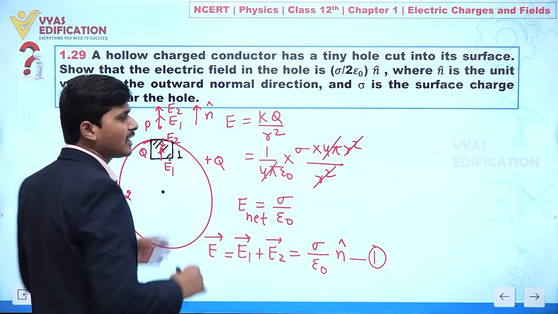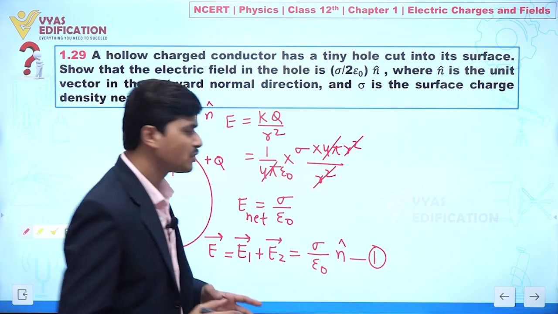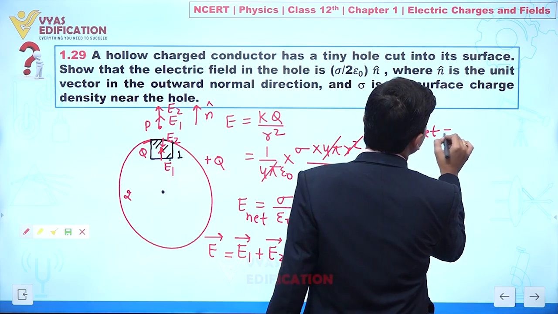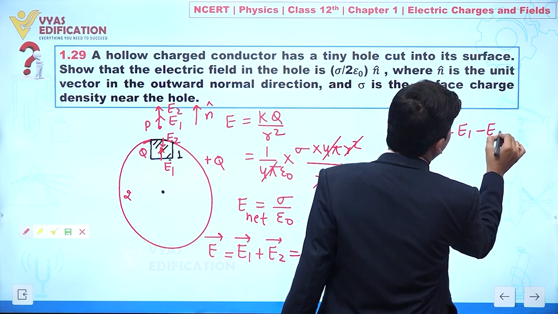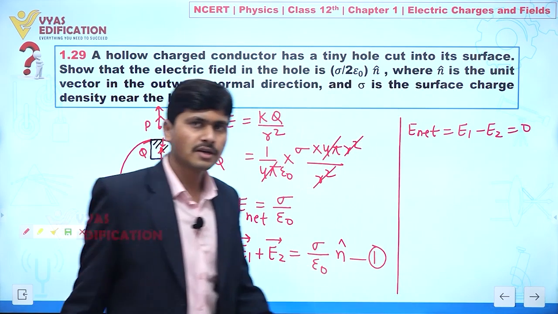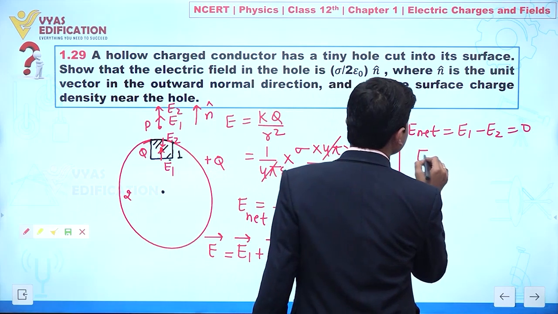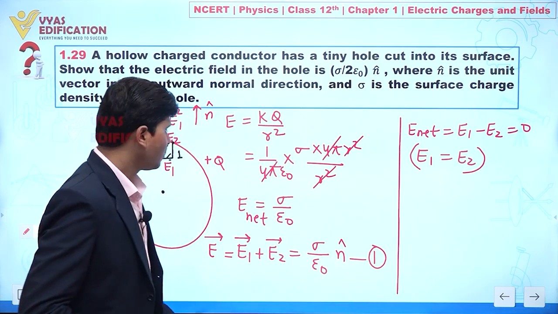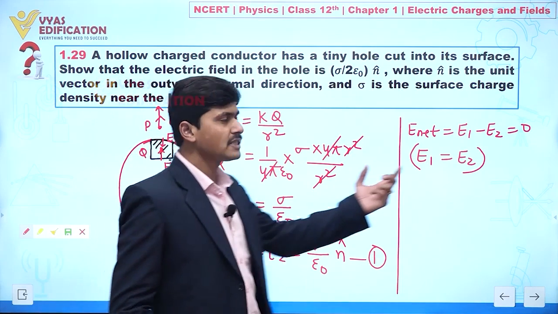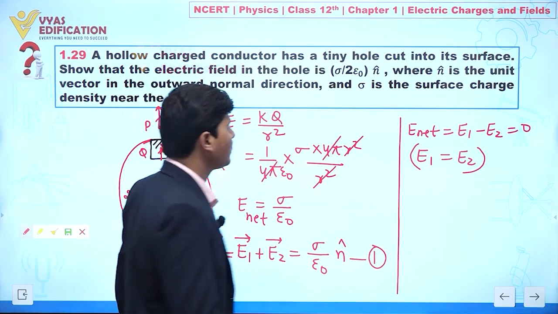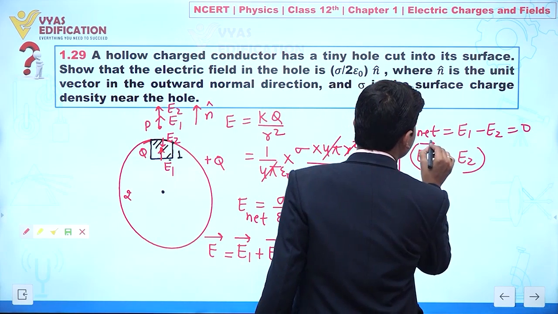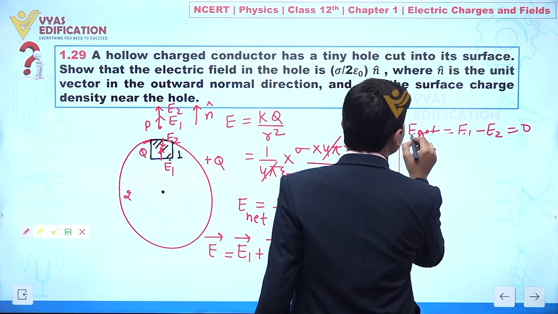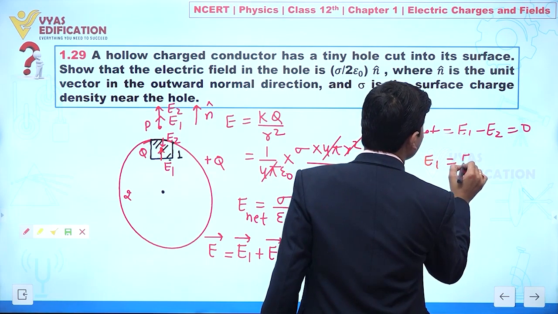E1 and E2 will definitely be in opposite directions, so that the net electric field is zero. So E1 minus E2 is equal to 0, and from here E1 is equal to E2. Now if we utilize this relation in the equation, how can we write it?